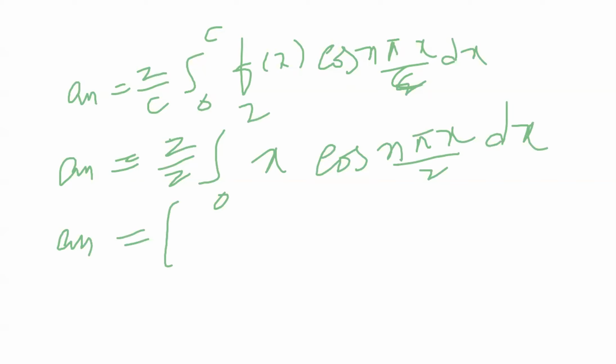The shortcut of the integration by parts, starting from Euler principle, taking x and derivative of x equal to 1. So alternative signs, first one is plus and second one is minus. So x is directly taken, cos n pi x by 2 is not taken directly, applying the integration of cos n pi x by 2.